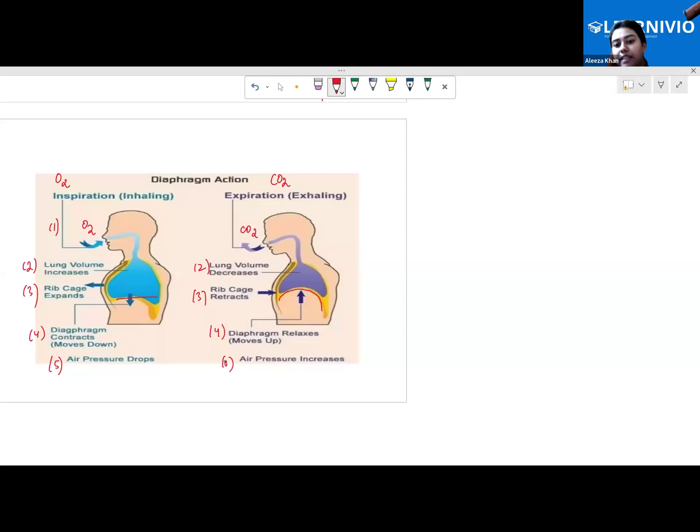Whereas in exhalation, when air pressure is more in your body, you urge to pass it out through your nose, because it is expanding your chest cavity and pressure is increasing. Are all the points clear? Yes, ma'am. Any doubt in any of the points? No, ma'am.